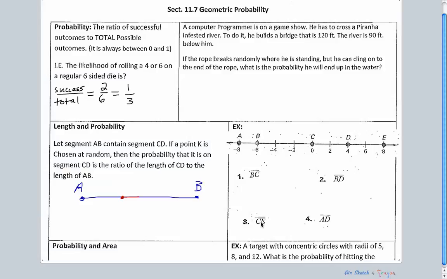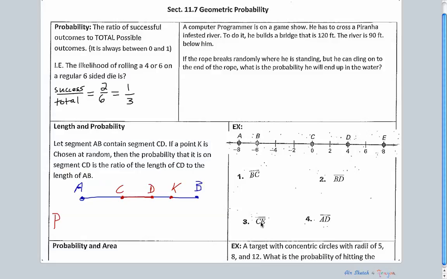And then what we're imagining here is that we randomly pick a point K somewhere on the line. We don't know where it is. I happen to put it a little bit to the right of D. So, the probability that K is on segment CD is going to be the length of CD divided by the length of AB.